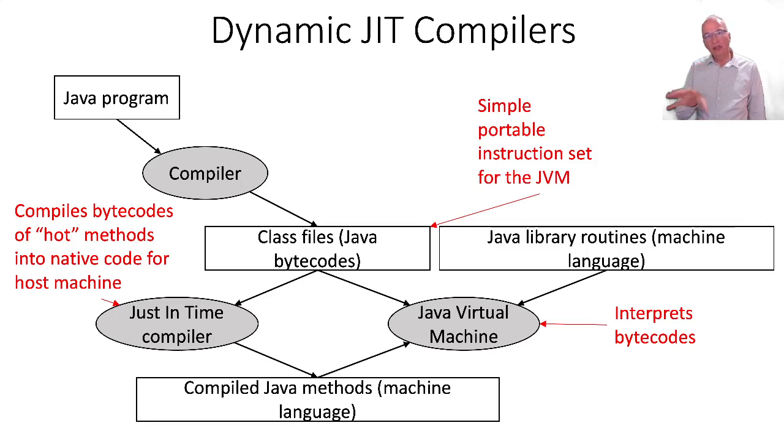So the way it's done today is that there will be one thread of the machine that will continue executing the Java code through the interpretation. And there is another thread that will be invoked to compile the hot methods. Then, once a hot method is compiled, the next time that the interpreter calls that method, it is not going to use the interpreted version, it's actually going to use the compiled version.